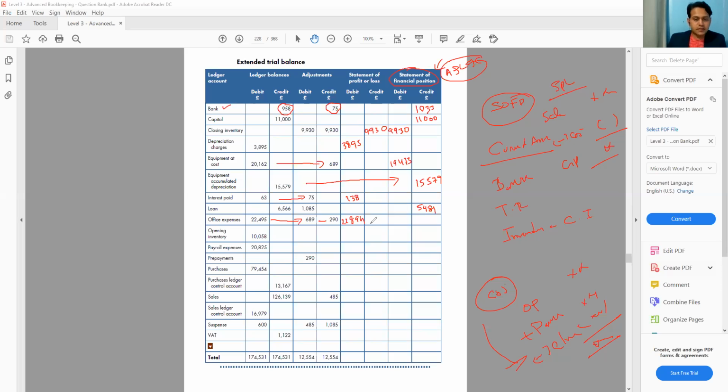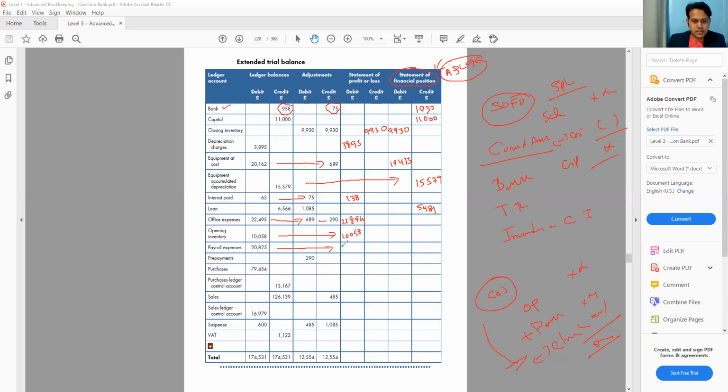All right, then opening inventory. Opening inventory is very straightforward. That will go to the debit side on the SPL, 10,058. Payroll expense is a wages expense. That's also relevant to the SPL account.